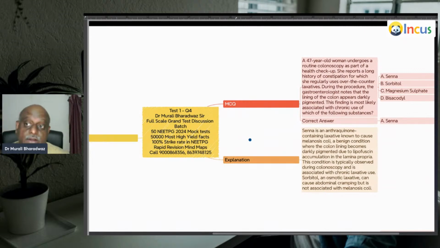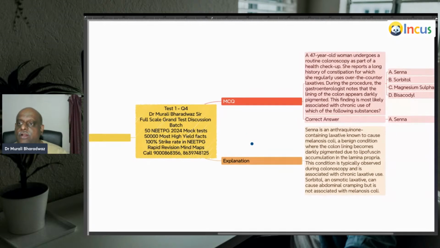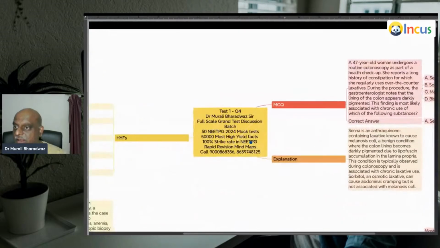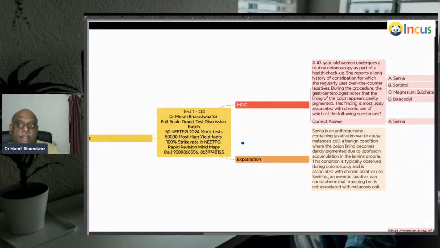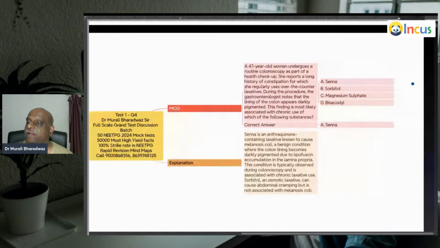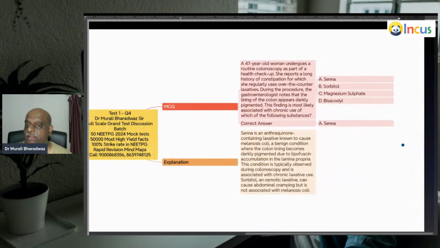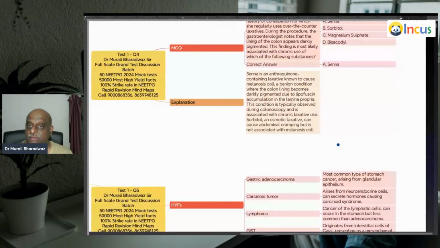So during the procedure, the gastroenterologist notes that the lining of the colon is darkly pigmented. So which laxative is known to lead to this kind of pigmentation?